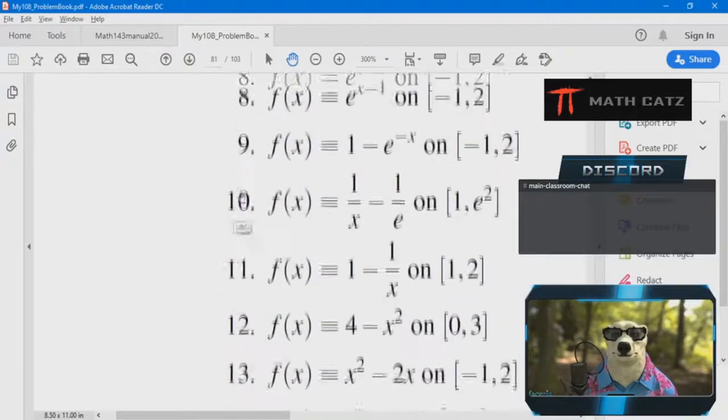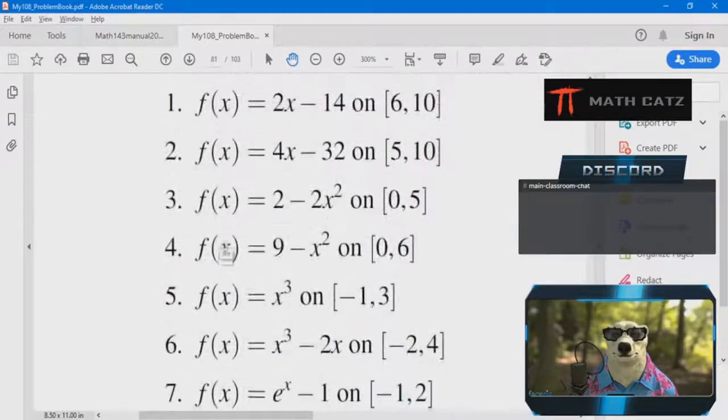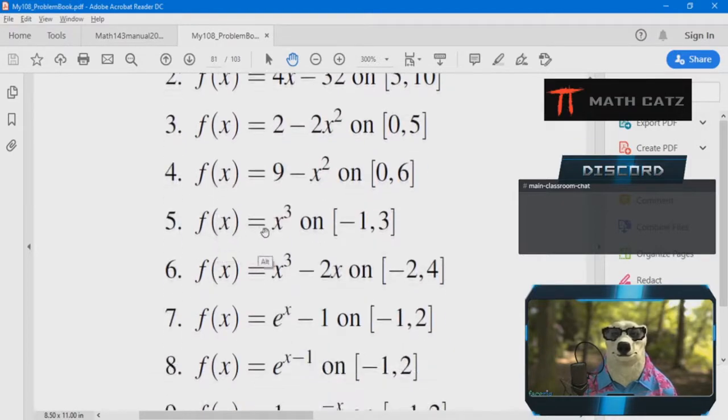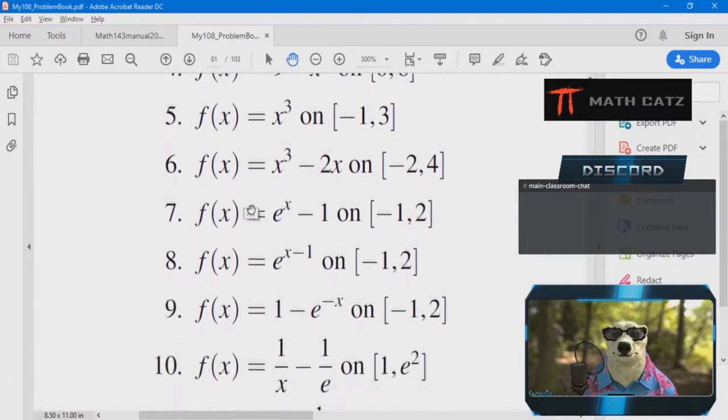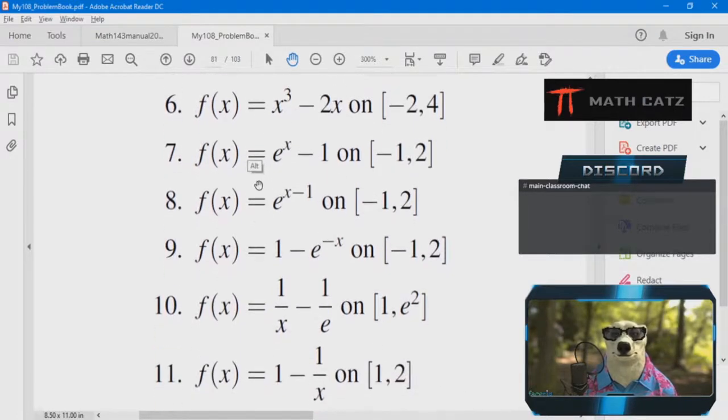We'll worry about the two graphs in a little while, not today. So let's pick something, it doesn't really matter. We've done x cubed, so that's maybe a little silly. Let's look at number 6 maybe.